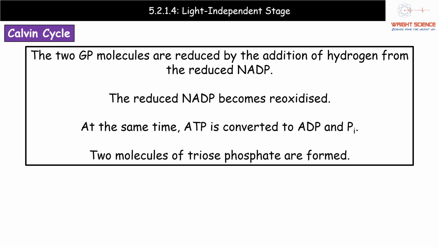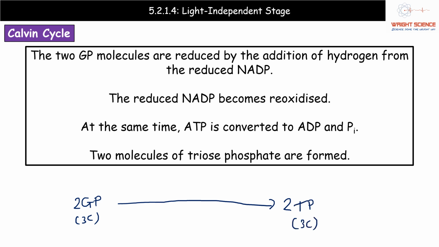The next thing that's going to happen is we're going to have our 2 GP molecules, which remember are 3-carbon compounds, and they are going to form 2 molecules of this stuff called triose phosphate, or TP for short. Now, to change our GP to TP, we need to reduce the GP. And to reduce it, we're going to add hydrogen.